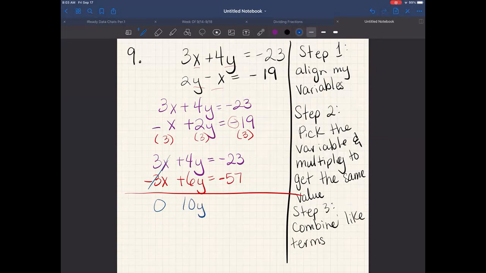So 10y. And then negative 57 minus 23. Remember, that's just the same as doing 57 plus 23 and keeping that negative sign. So negative 80.